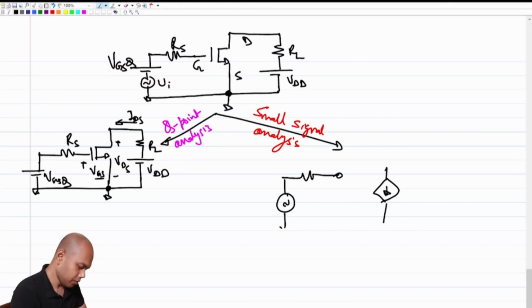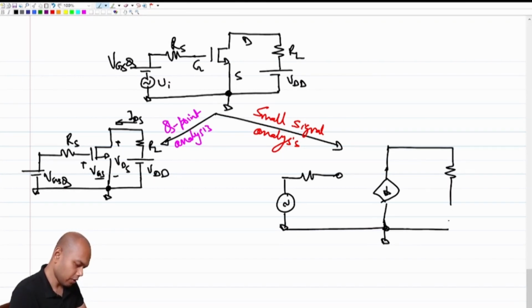We get rid of all the constant sources. And how should we get rid of the constant sources? Since we have a VDD, a voltage source, we can short it. If we had a current source, we would have had to open it, right? So this is RS. So this is gm times this voltage, which is VG minus VS, or VGS.